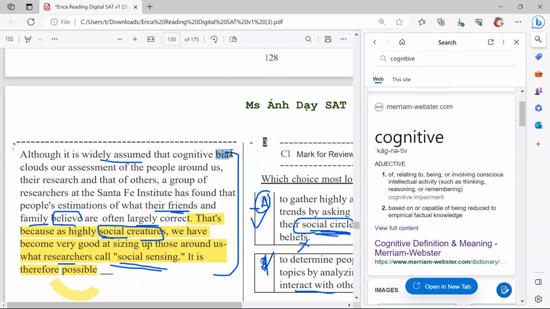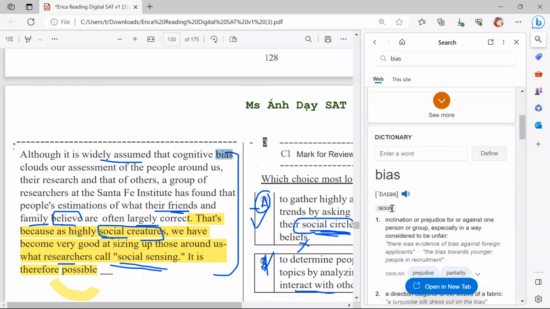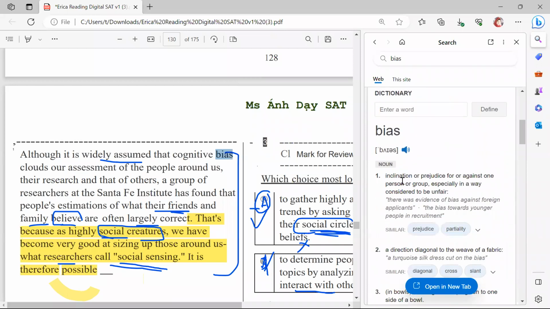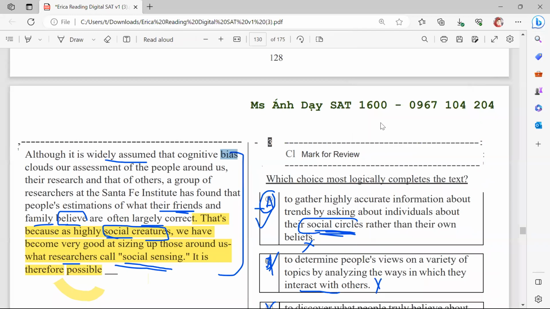Cognitive. Bias, because you didn't know this word. Bias means inclination or prejudice for or against one person or group, especially in a way considered to be unfair. When I say you are biased, it means that you are unfair. Is it clear? Okay. Yes, dear.